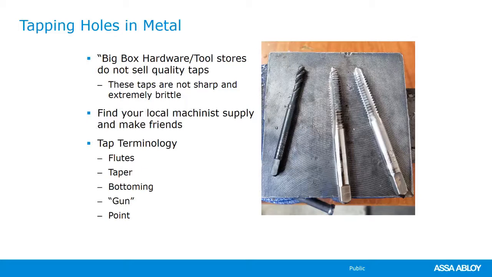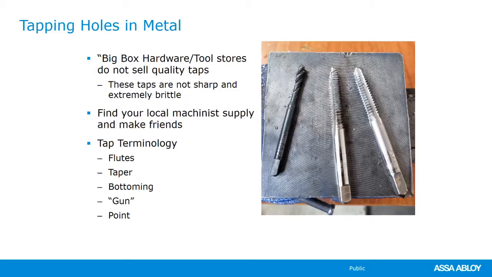If you're not using the screws that come with the exit device, and if you're just using some cheap self-tapping screw to put that exit device on, then they're going to fall off just like anything else would. So it's really, really important to follow the instructions and drill and tap the hole.